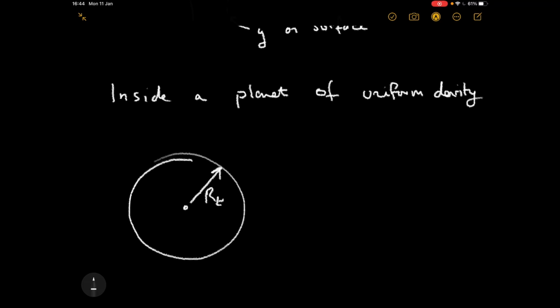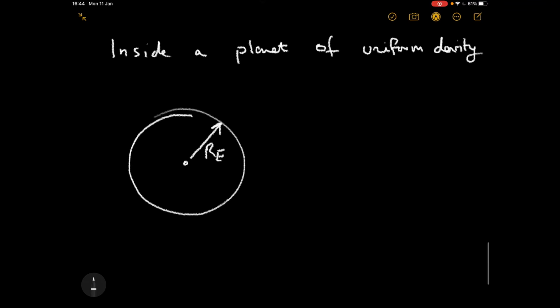So let's imagine we've got the Earth and we've got the centre, and we're going to go out to the radius of the Earth. And we're going to assume that the Earth has a uniform density. So what we know is that the mass of the Earth is equal to 4/3 pi r_e cubed rho. That's the mass of the Earth.